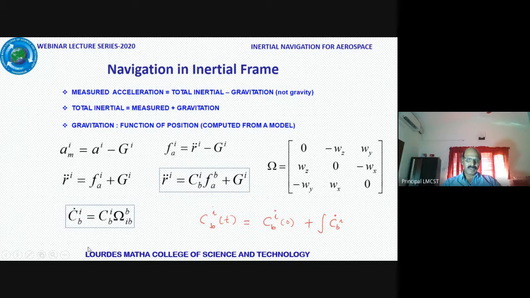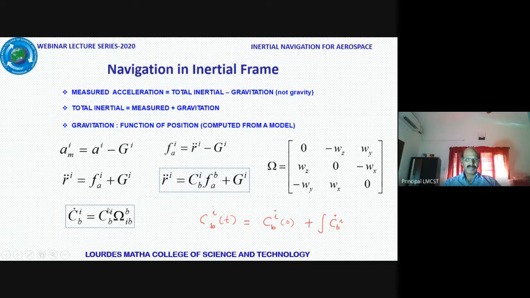Now, we also studied this CBI. CBI is changing with time. That means there is a time derivative of CBI, and that we have already derived. It is CBI into capital omega of the body rates with respect to inertial expressed in body frame.